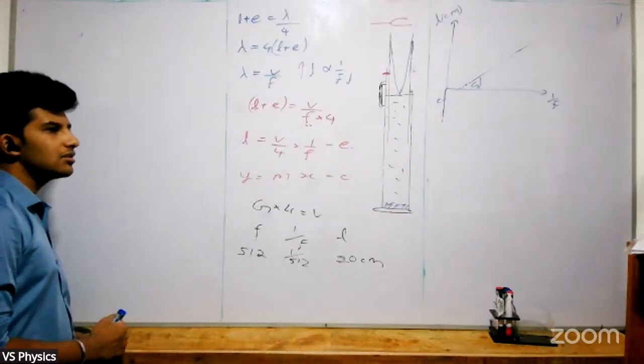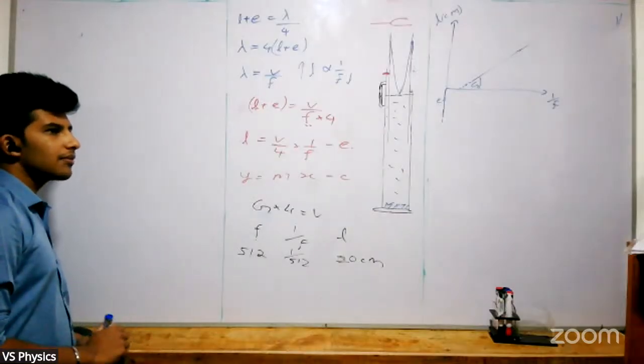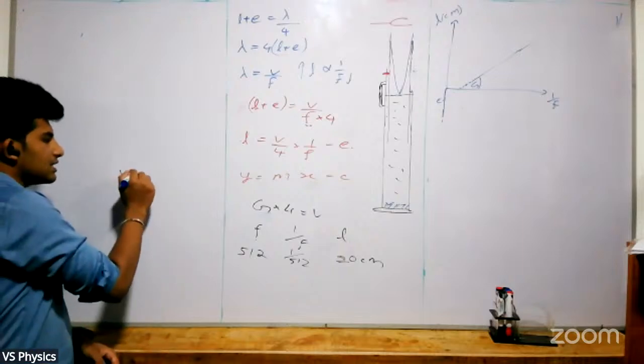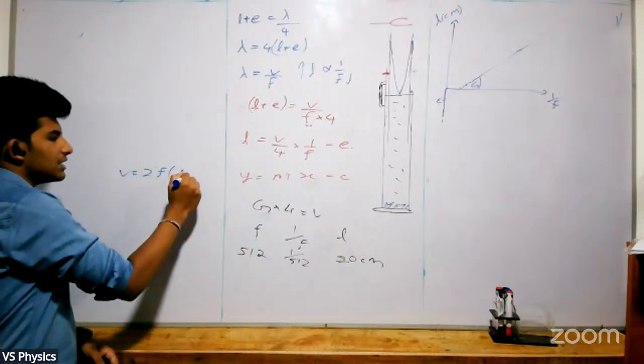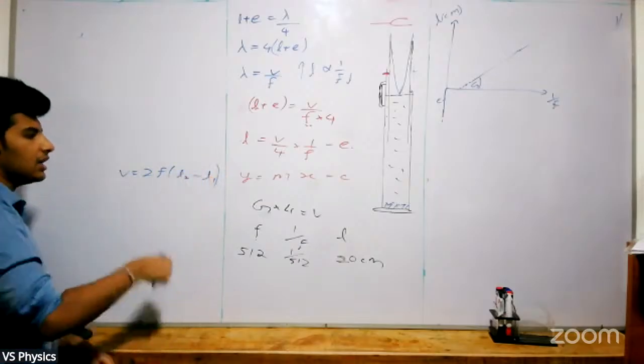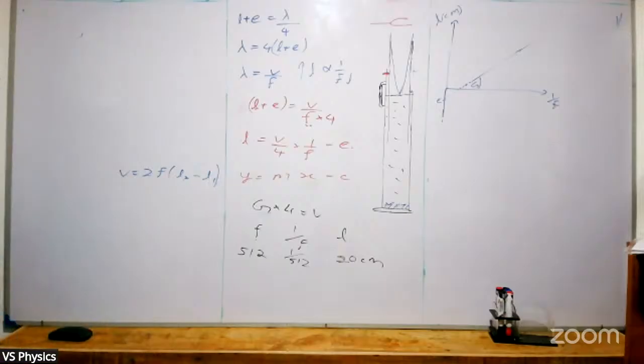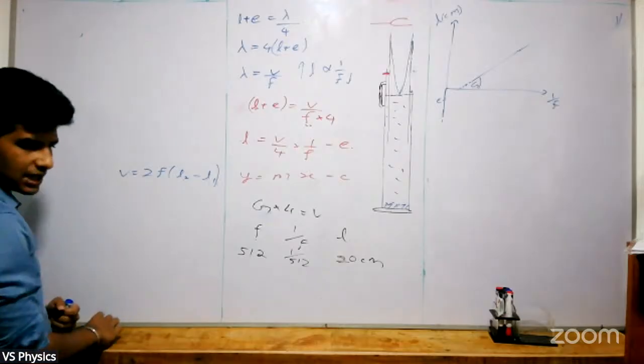What is the equation? V equals 2F (L2 minus L1). You directly find L2 and L1, substitute them, and directly get the value. There is no graph.